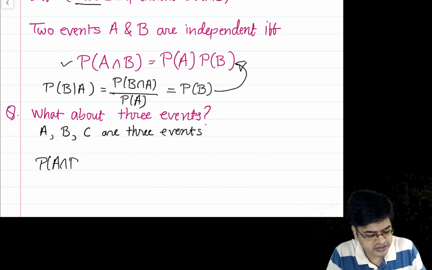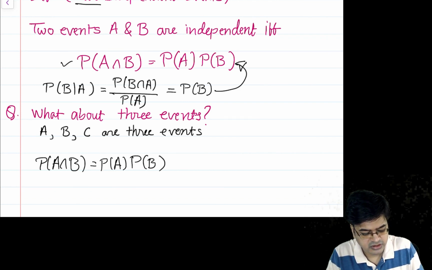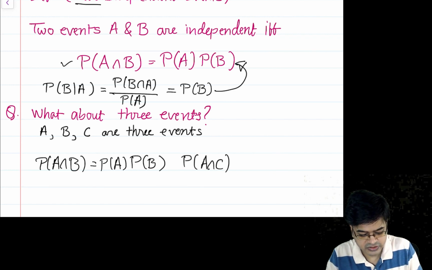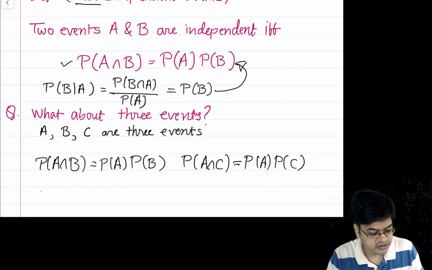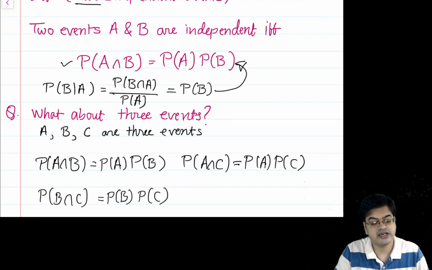Probability of A intersection B should be equal to probability of A into probability of B. Probability of A intersection C should be equal to probability of A into probability of C. And finally I am left with probability of B intersection C, that also I will write as probability of B into probability of C. Does this mean the events are independent?